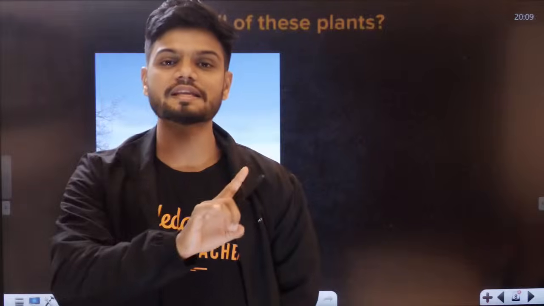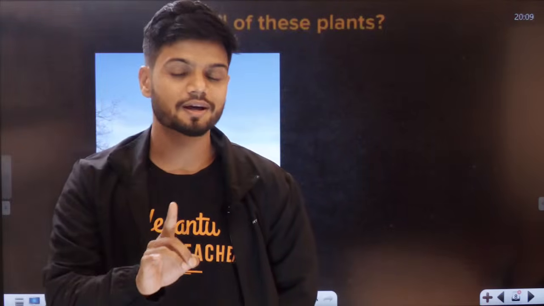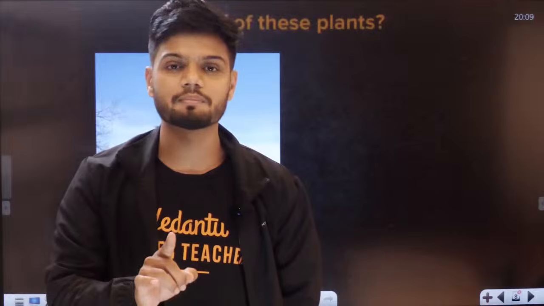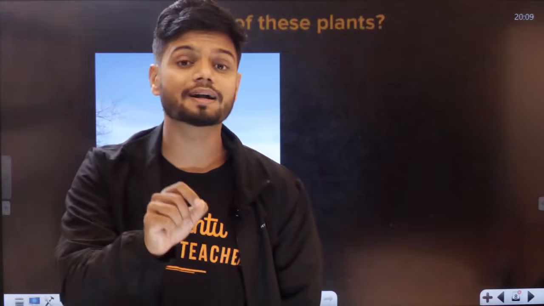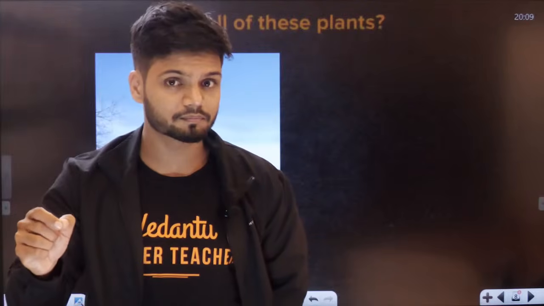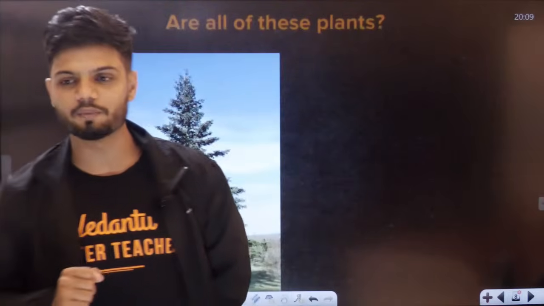So all of these images are plants. All of them can do photosynthesis because of a green color pigment called, students, anyone? A green color pigment called, all of you?